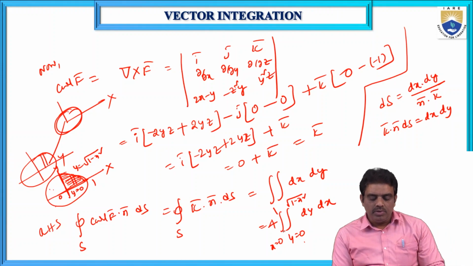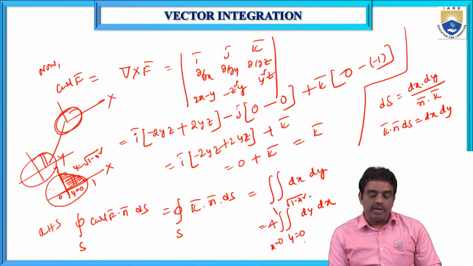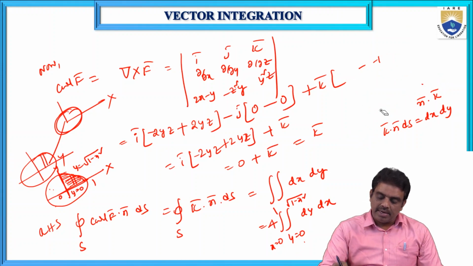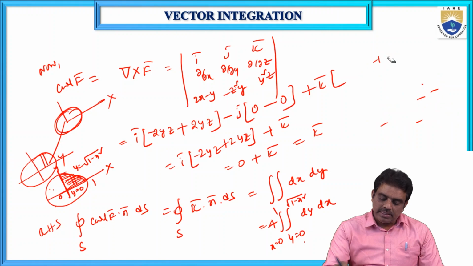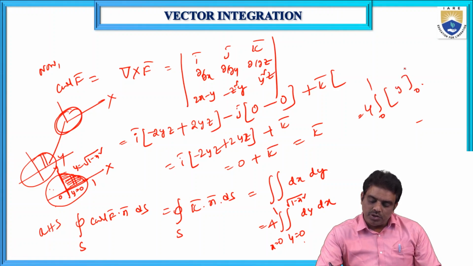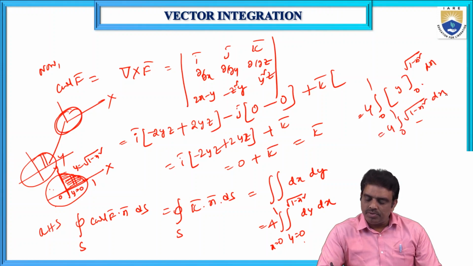So 4 into integral 0 to 1, integral 0 to root 1 minus x square dy dx. So on integrating, integral dy means y between 0 and root 1 minus x square of dx. So this is 4 into integral 0 to 1 root 1 minus x square dx.